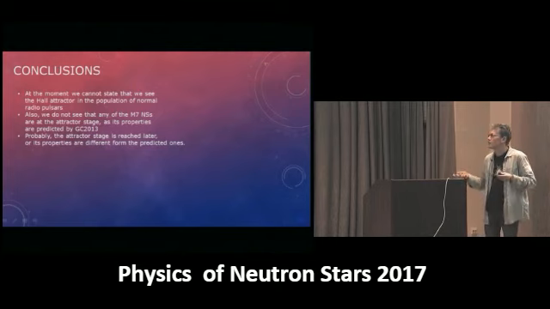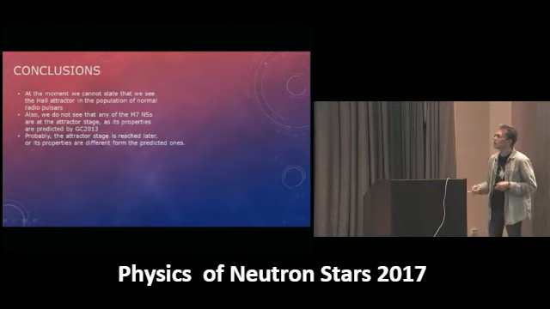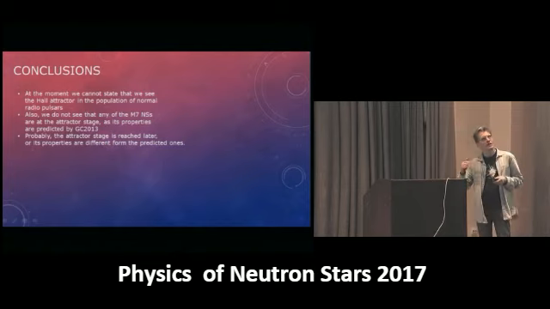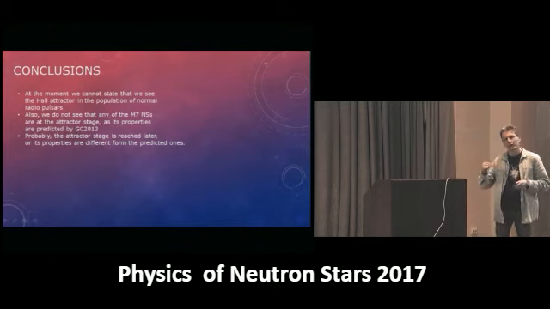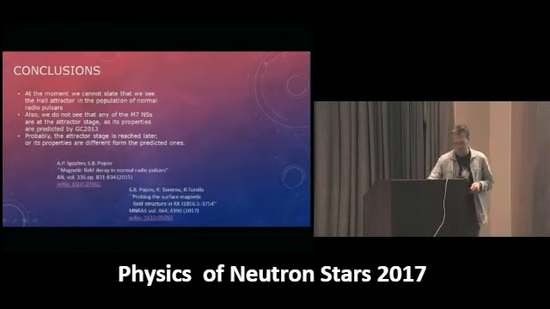So probably if the attractor existed, it is reached later, and simply the sources we could study are not at this stage yet, or probably this stage doesn't exist. Then there is a problem. We have to stop the decay somehow, and it would be very nice to have such a stage. And that's it. I just leave it with the references.